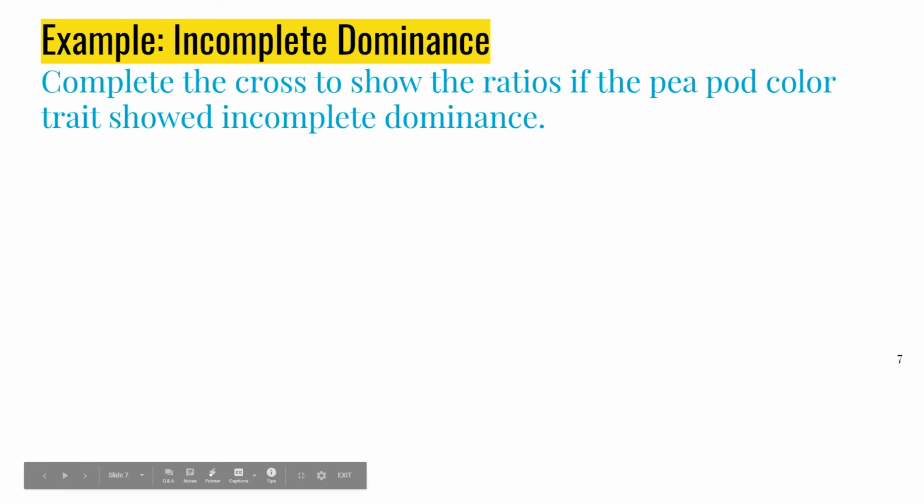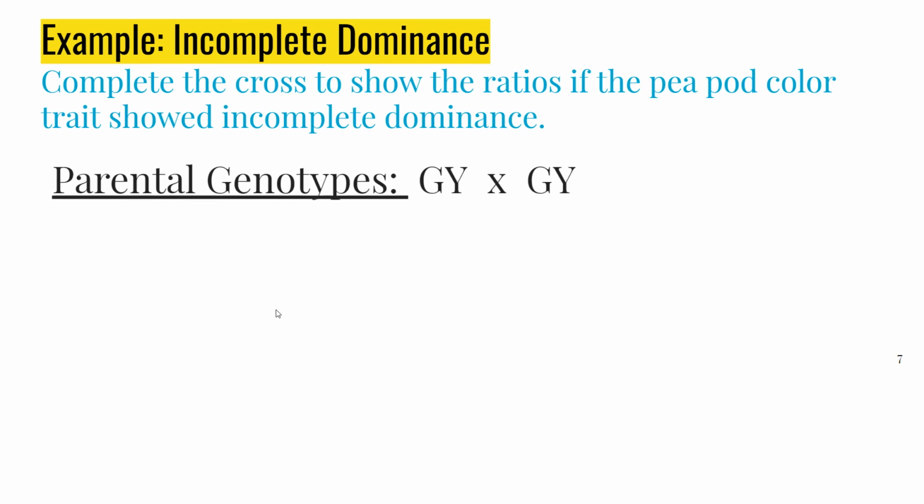Now, the next pattern is incomplete dominance. This is when red and white make pink. In this case, we have to have 2 separate capital letters. So the genotypes are big G, big Y, big G, big Y, and obviously, by big, I mean capital.